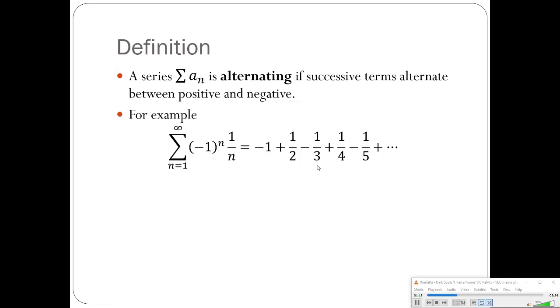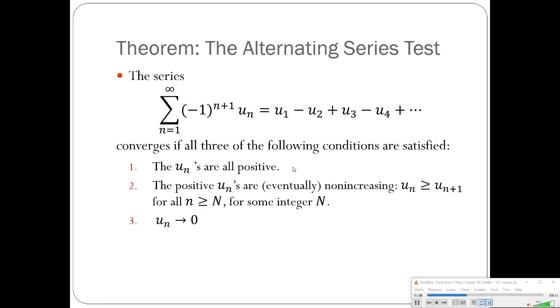And more of these converge than just terms that are always positive or always negative, just because there's a canceling out effect with each one of these. So, since we're allowing for some negative terms, which we really haven't that much before, we might actually see more convergence than we did before.